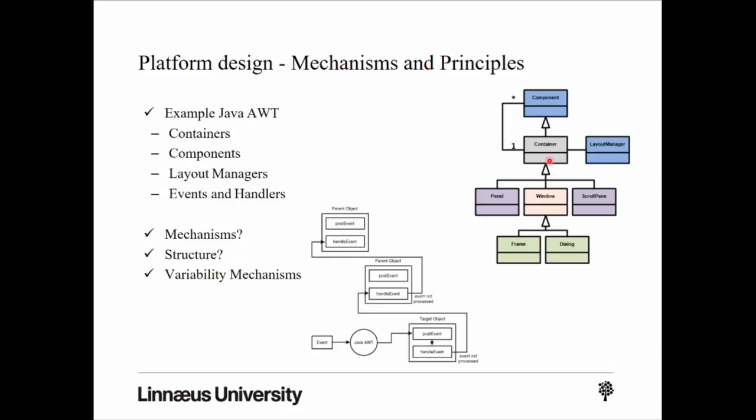You can quite easily, during, well, the coding phase, compilation phase, vary the user interface. You can even do it dynamically. You can create your interface dynamically by instantiating a component and adding it to a container.